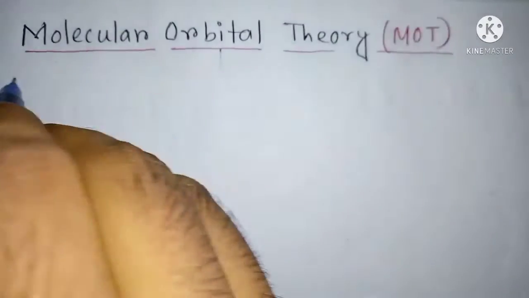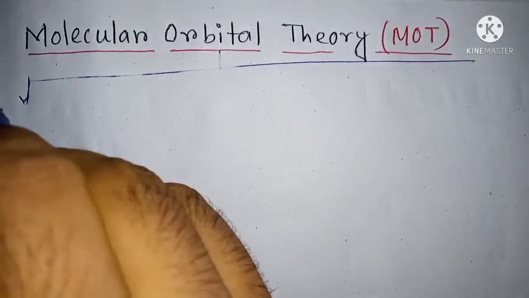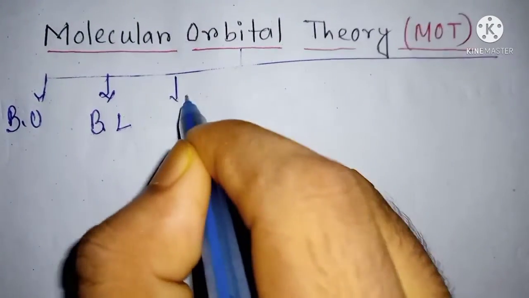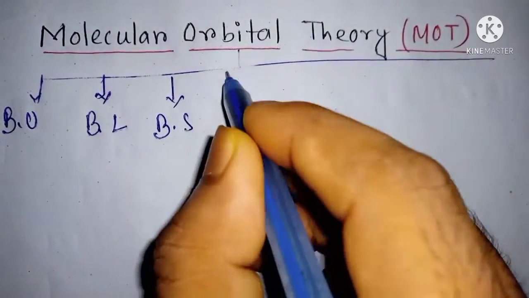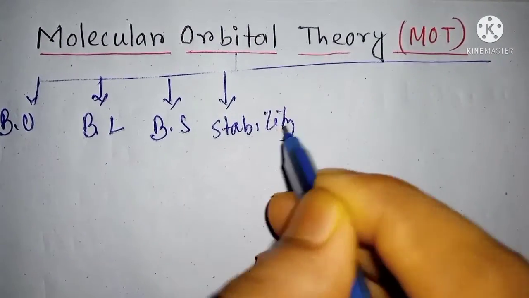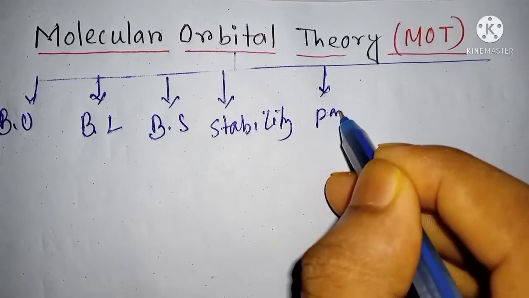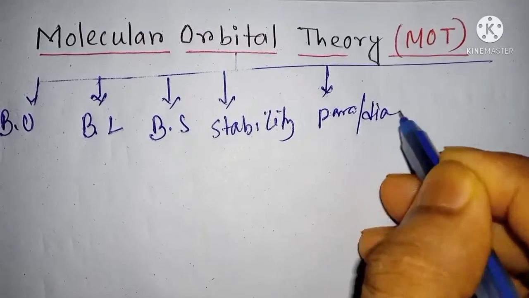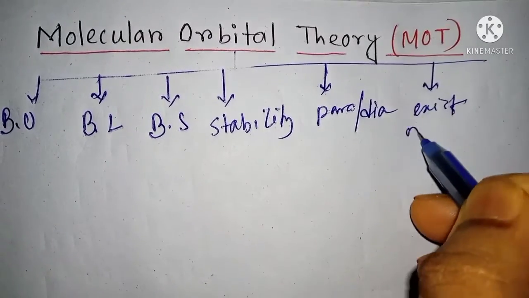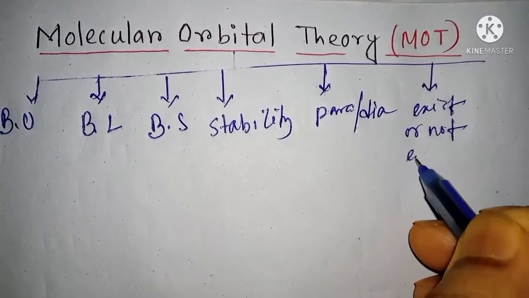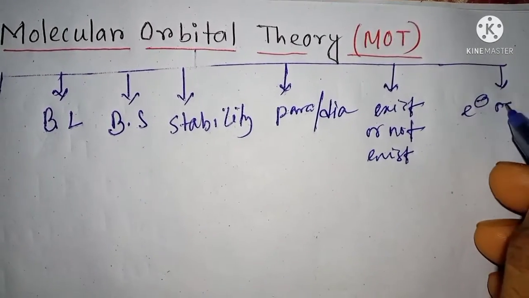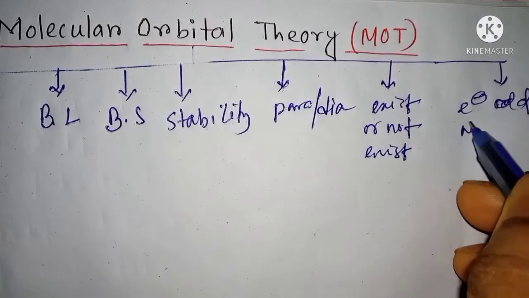Now first is bond order, second is bond length, third is bond strength, fourth is stability, fifth is paramagnetic or diamagnetic nature, sixth is exist or non-exist, and seventh is electron at which orbital.